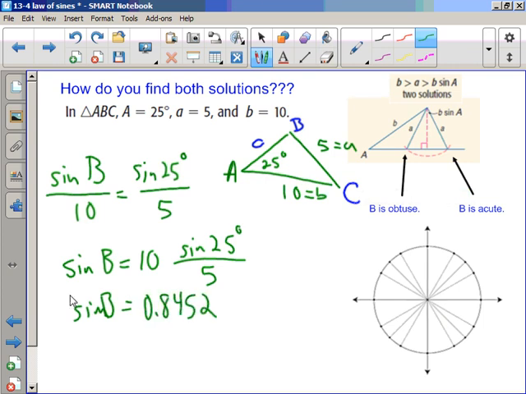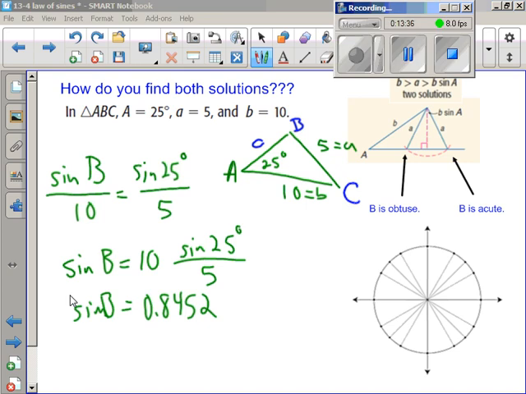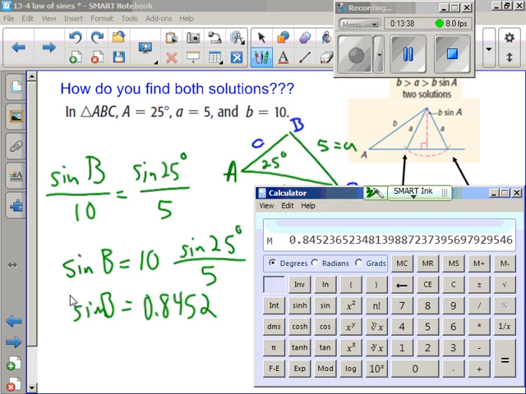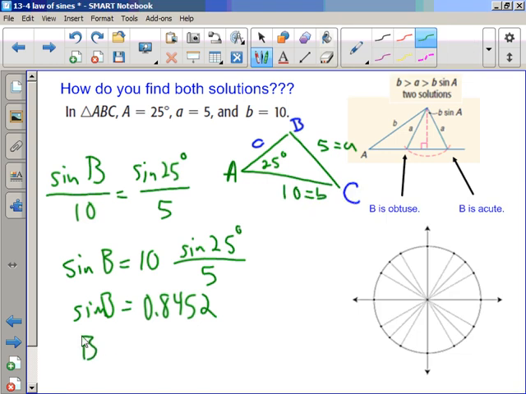Okay. And then I do inverse sine, and I get 57.7 degrees. So I get B equals 57.7 degrees. Okay. Now what's up is that that's about here-ish on the triangle. So I've got the right triangle trigonometry. I know this is not the triangle that's up here.